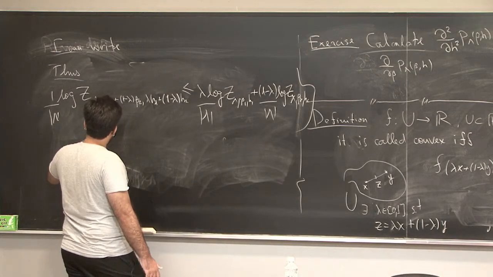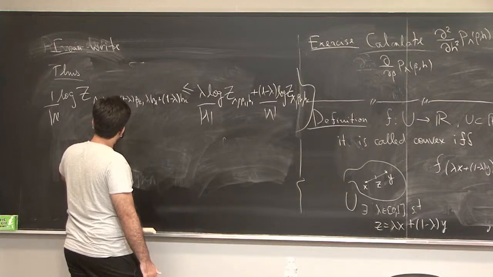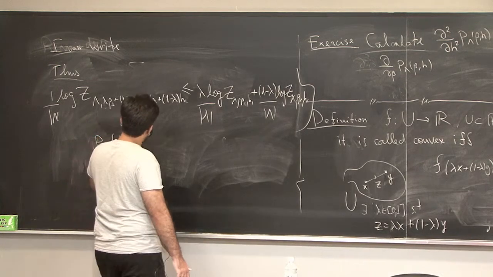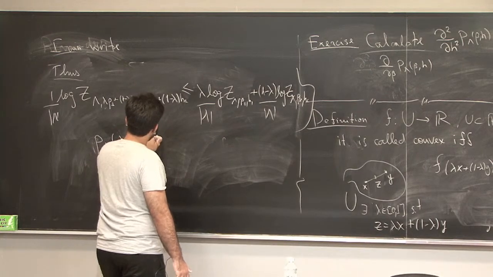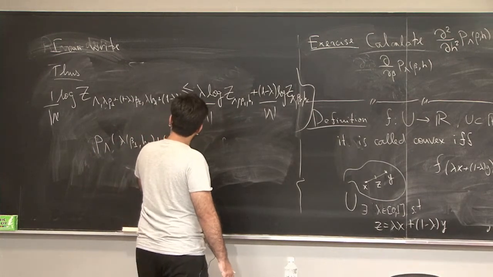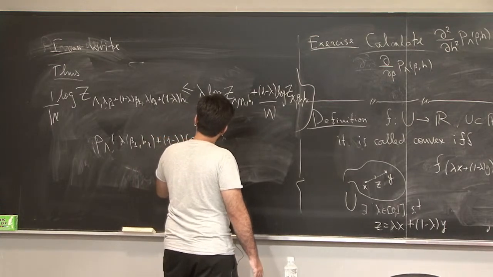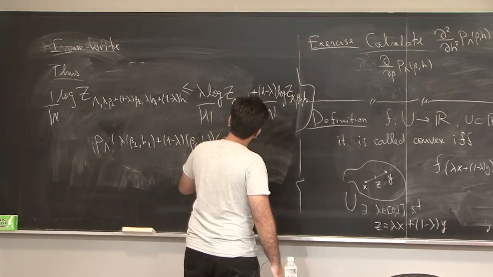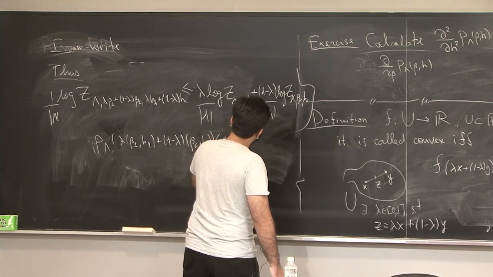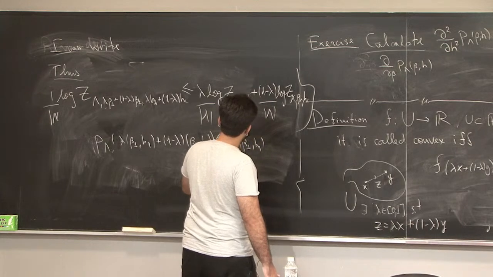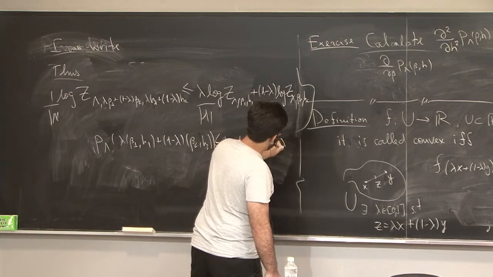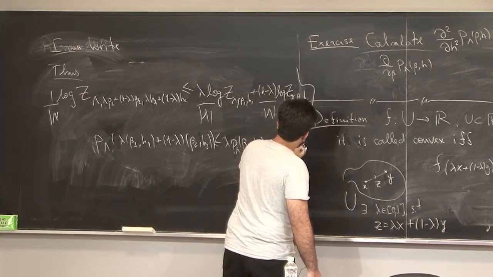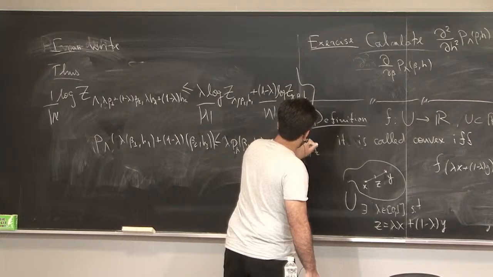So that P of the convex combination, lambda beta 1 h1 plus 1 minus lambda beta 2 h2, is less than lambda P of beta 1 h1 plus 1 minus lambda P of beta 2 h2.